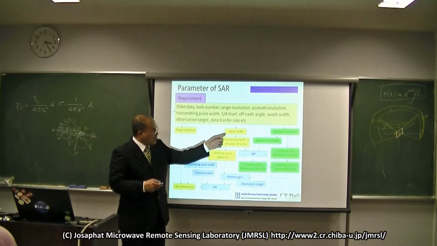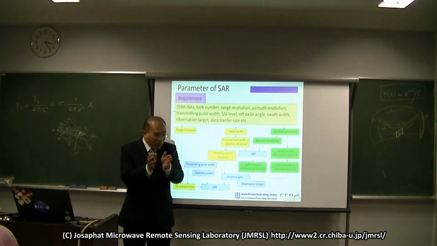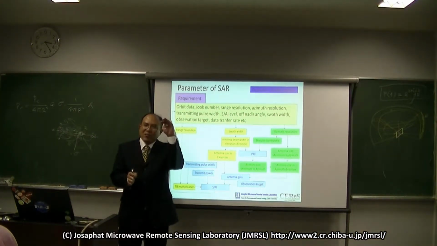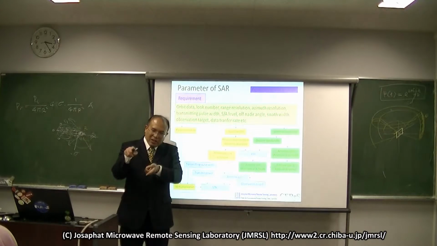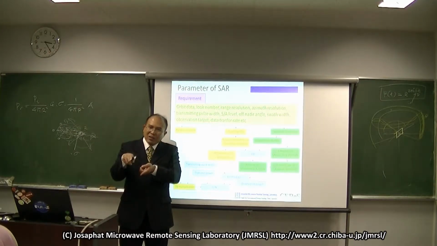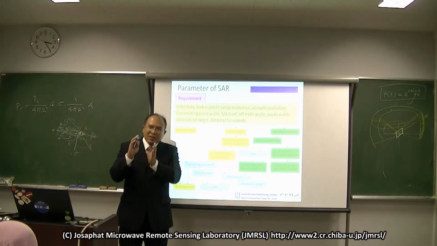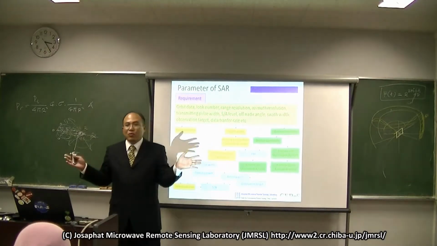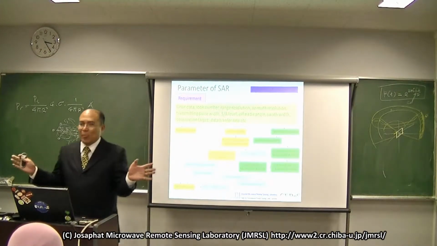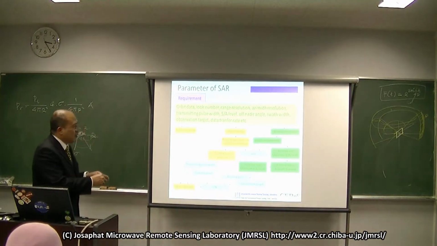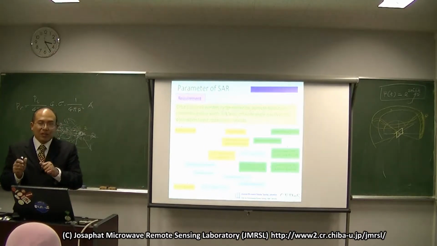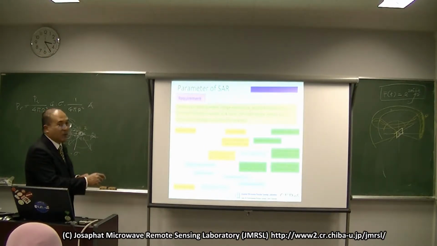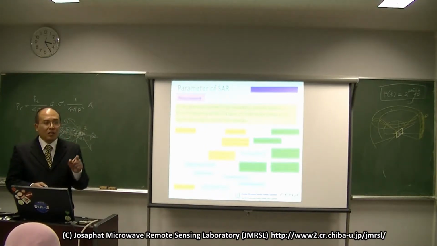Later, if the swath and the height are already designed, you can calculate the half-power beamwidth in degrees. Then you can design the antenna width in millimeters. If your antenna width is fixed, you can define the PRF, the pulse repetition frequency.